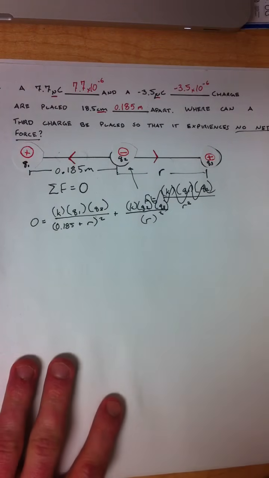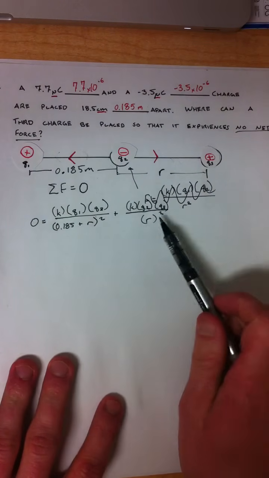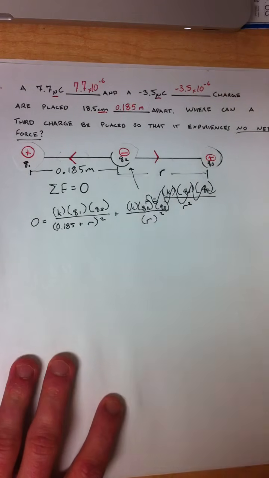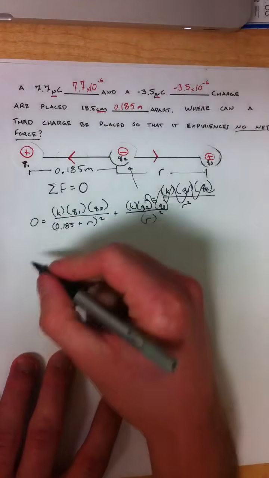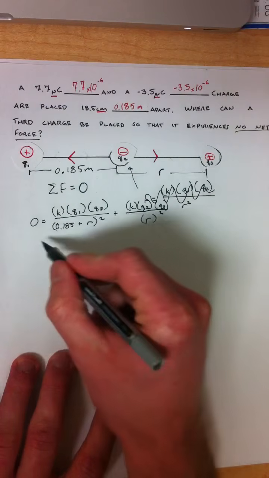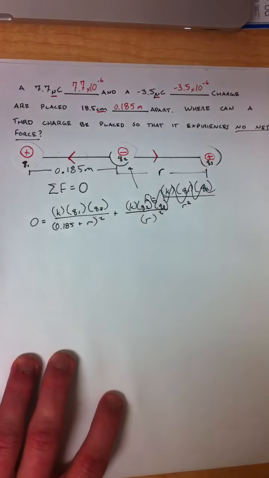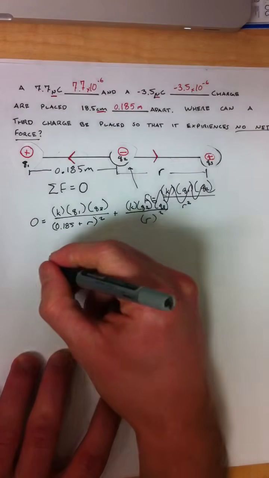So to clean this up a little bit, and notice I just put r squared on the denominator of this one because this distance is only r squared. To clean this up, we can bring over one of these equations to be a negative on the other side, and they'll cancel each other out.